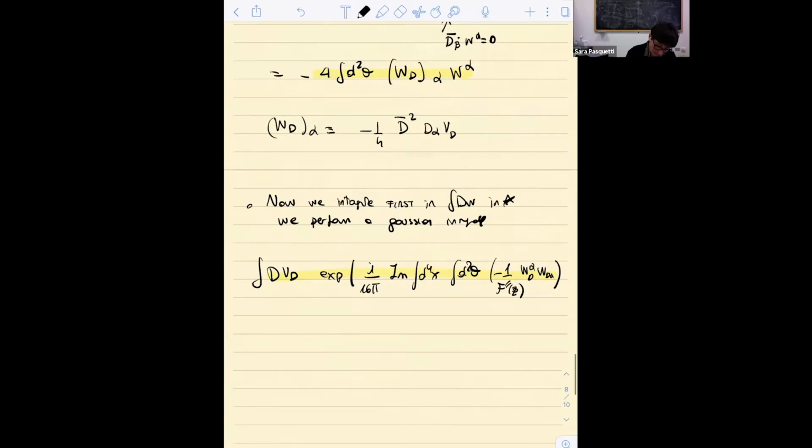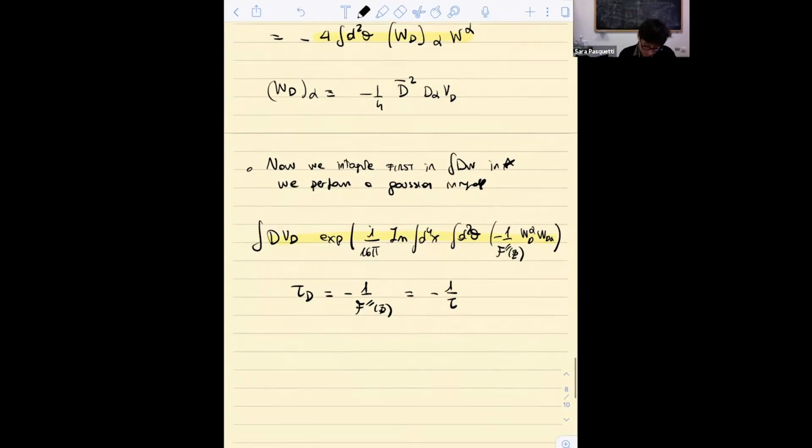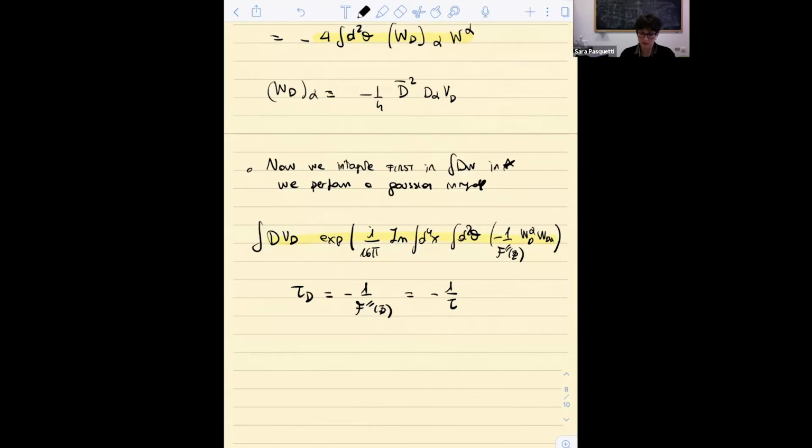So in this theory, the dual gauge coupling is minus 1 over the second derivative of the prepotential, which for us defined the original coupling. So if I go to dual variables, I end up with a theory where the gauge coupling is given by the inverse of the coupling of the original theory. So this is indeed an electromagnetic duality. If I go to dual fields, the coupling is flipped.